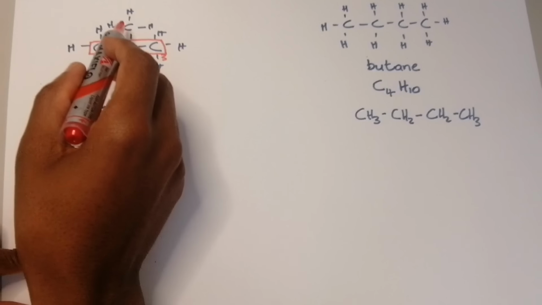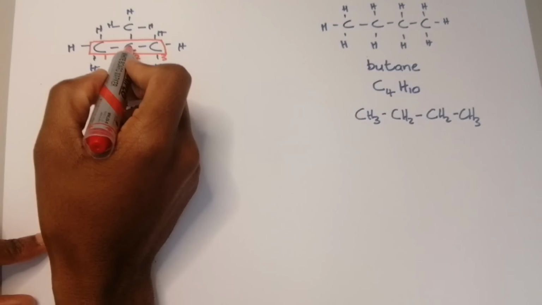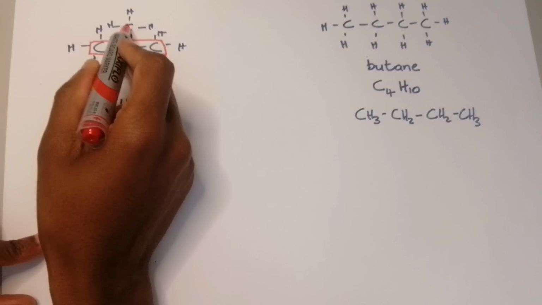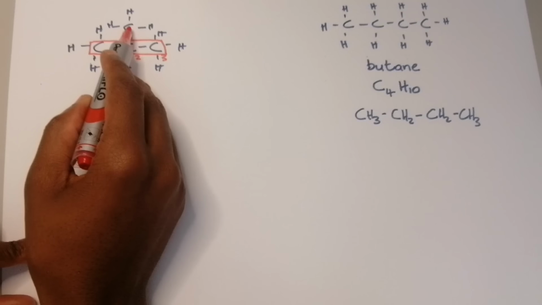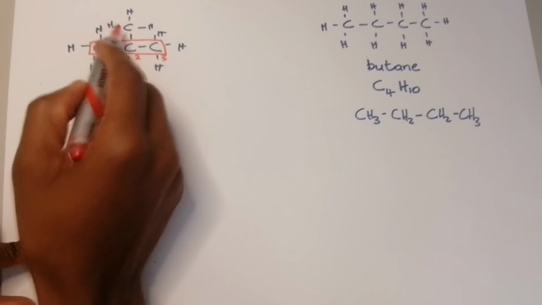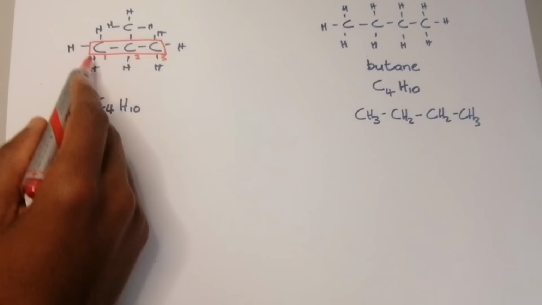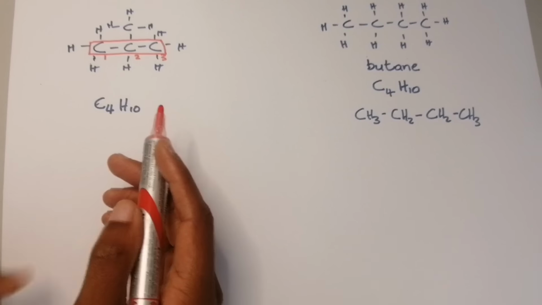So we call this an alkyl group. But how many carbons are on that alkyl group? It's only one carbon, isn't it? So you start naming the alkyl group first. You always name the parent chain last. It's almost like a surname.